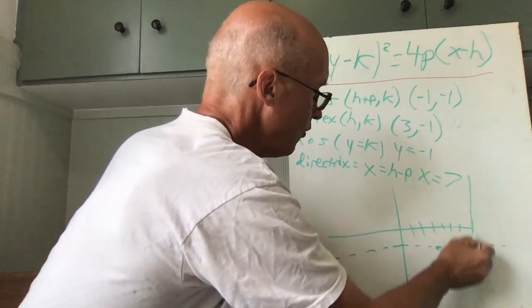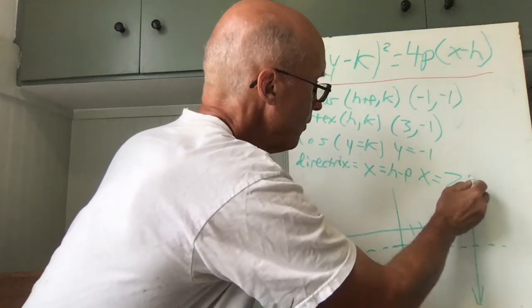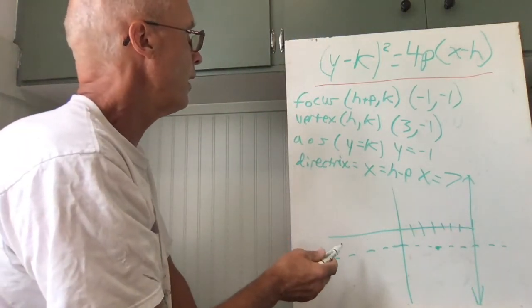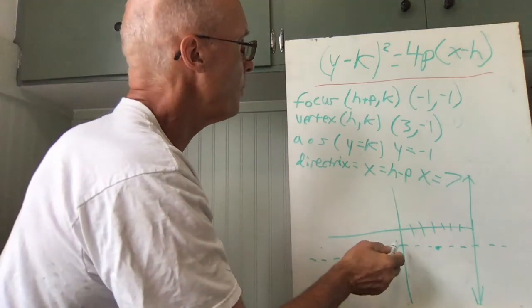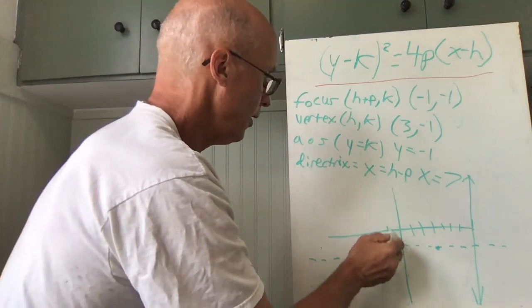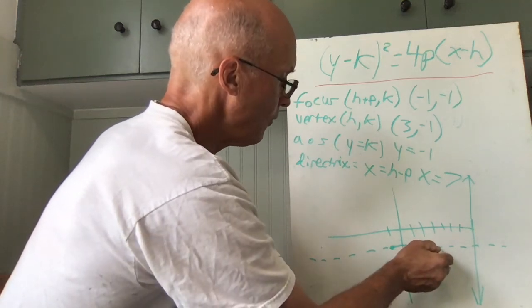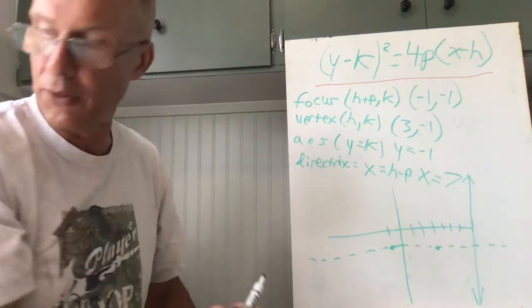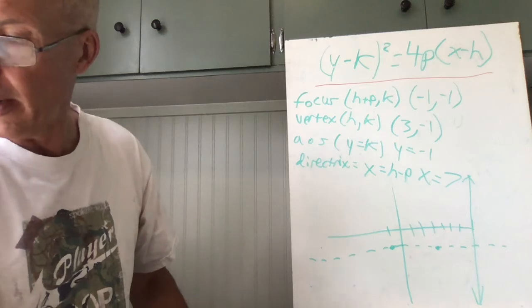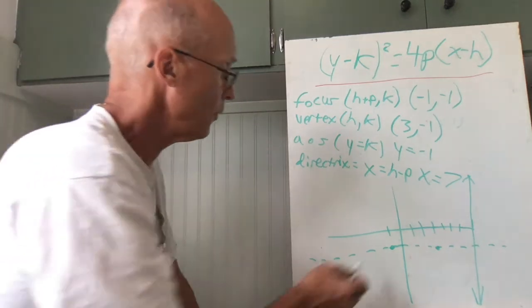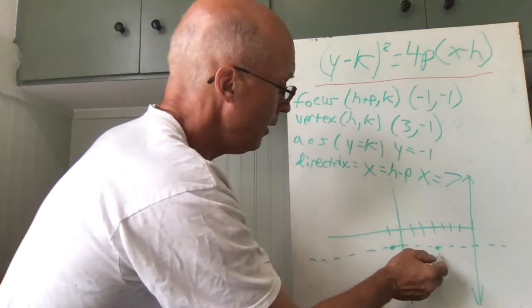So the directrix is going to be here. And the focus is going to be negative 1, negative 1. That's going to be the focus. Your graph is going to be going to the left because p is less than 0. P was a negative, so it's going to be going this way.